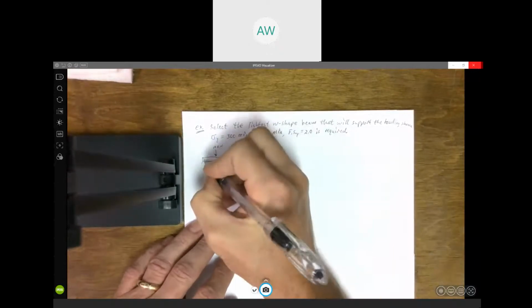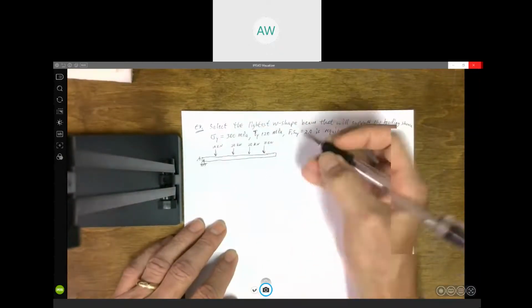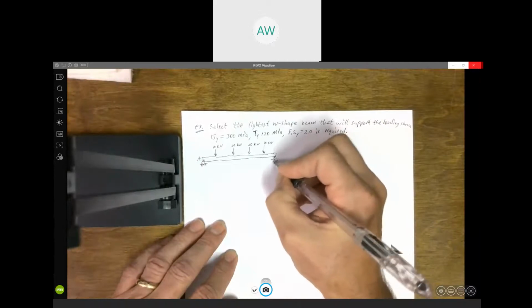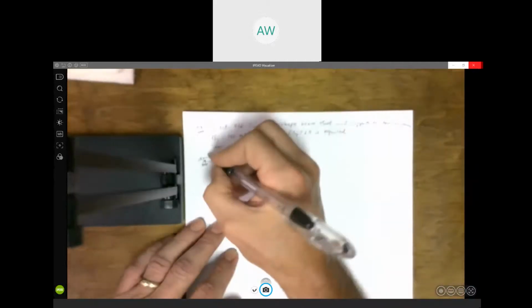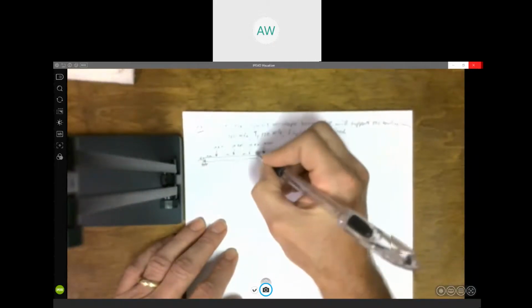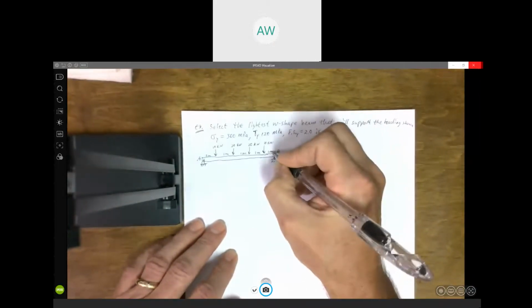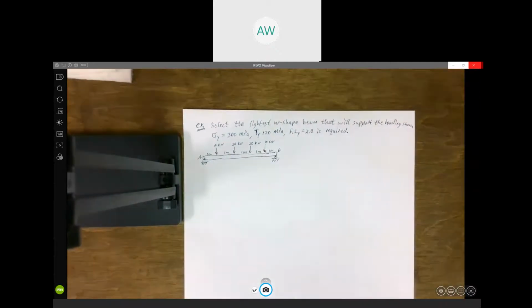And it's simply supported. We got a pin support at that end A. We got a roller at this end B. 1 meter between each of those. Right, so there's my beam, the loading that this beam has to support.